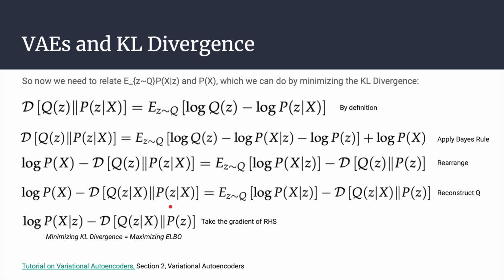And the goal with this is to make this KL divergence go to 0, because we're trying to maximize this equation. And the right-hand side here is something that we can actually optimize via SGD, stochastic gradient descent, given that Q is actually differentiable.